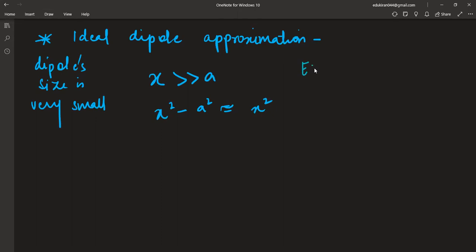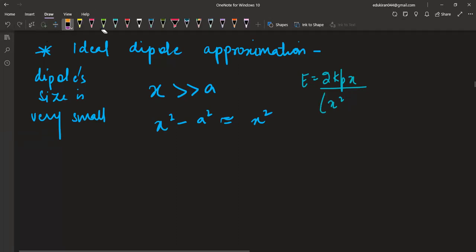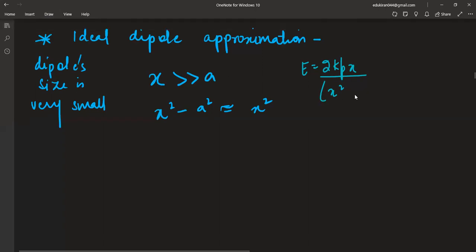What was our formula? The formula was 2kpx divided by (x square minus a square) whole square. Instead of x square minus a square, what can we replace this term with?